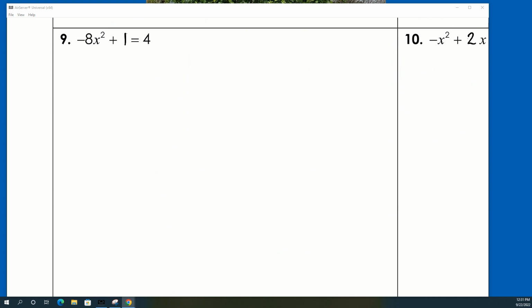All right. Same first step. We're going to get everything on one side by subtracting the 4. All right, and then I don't want this -8 first. I want +8. So I would go through and I would change all the signs.